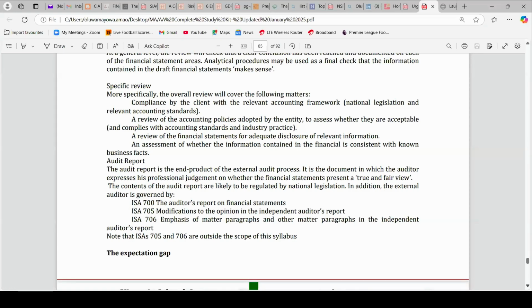So some people believe that once an auditor has come in to audit a company, then the auditor should discover all fraud that has happened, should detect it, and that the auditor should even be the one preventing fraud.